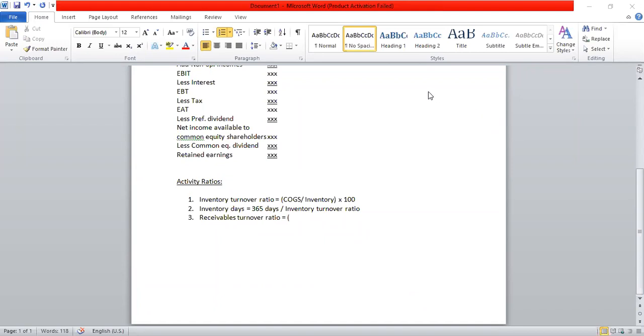So I was explaining to you the logic. The numerator should be sales or turnover, sales divided by the other variable, which is receivables or debtors. Now, receivables is on account of credit sales. So the numerator should be credit sales, instead of total sales.